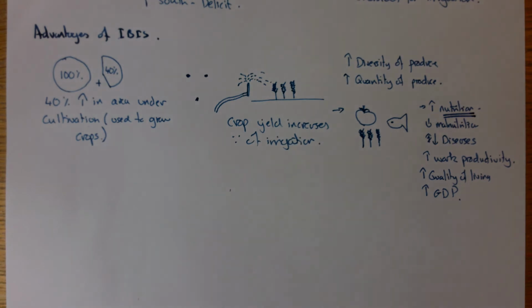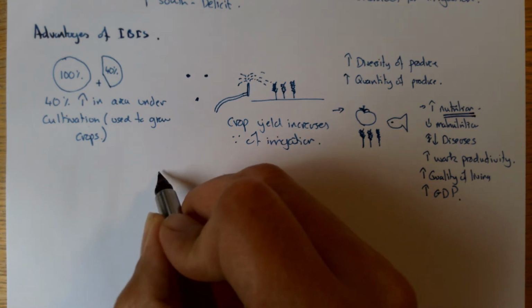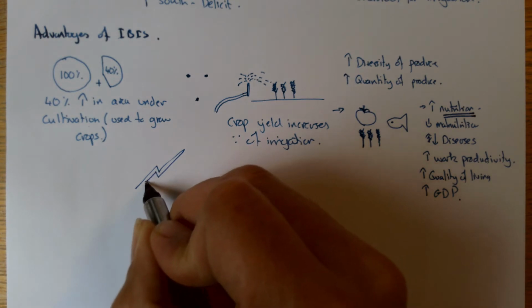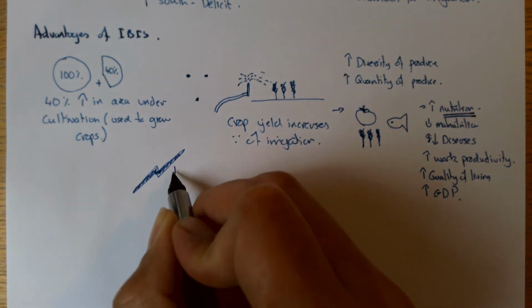Another major benefit of the IBIS is that behind those dams and barrages we can store water which can be used for hydroelectric power.